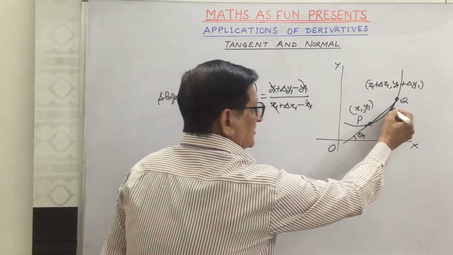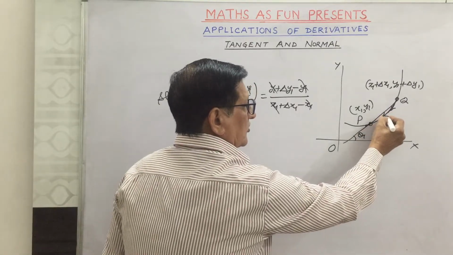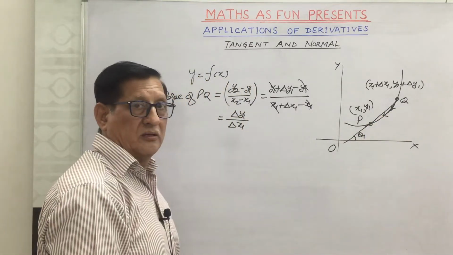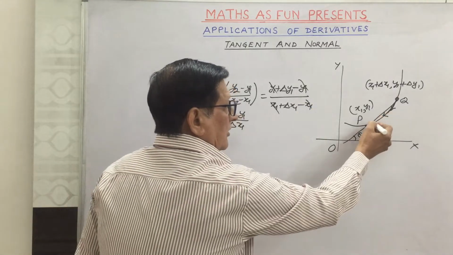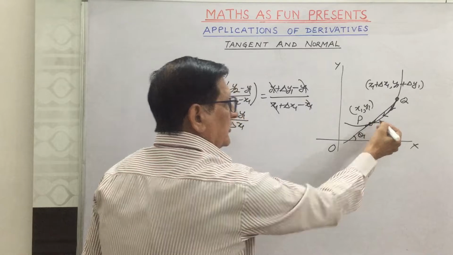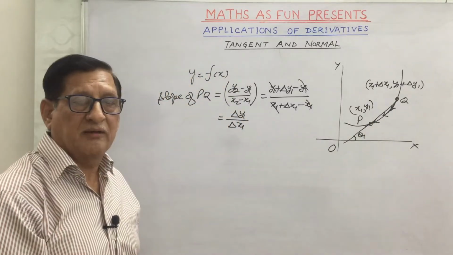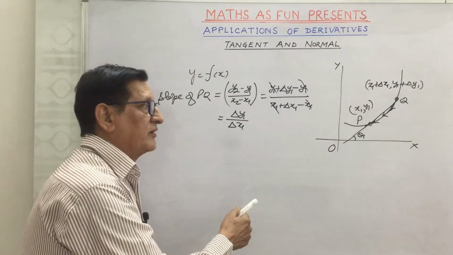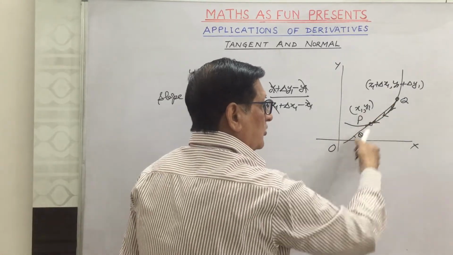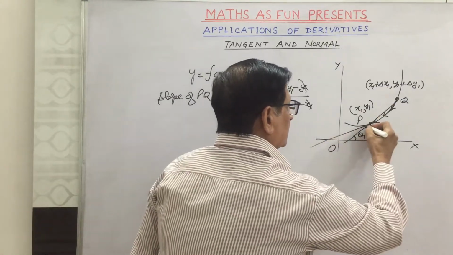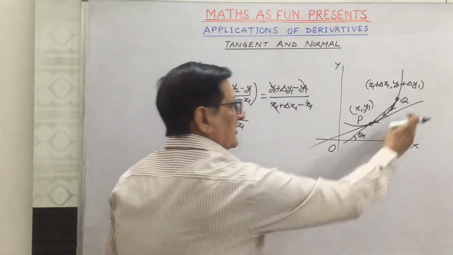If we proceed some more towards P, then some more it will be reduced. And suppose we come near the nearest point of P, then we will find the position of this line PQ will become a tangent. This will act as a tangent.